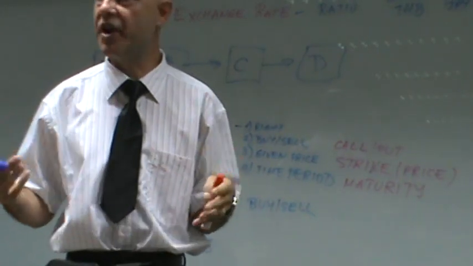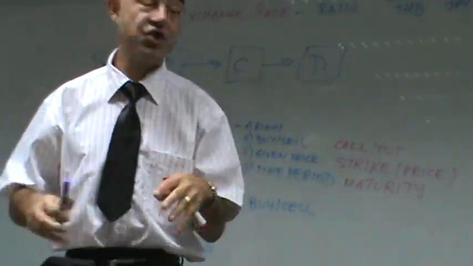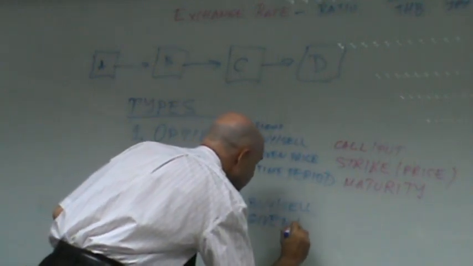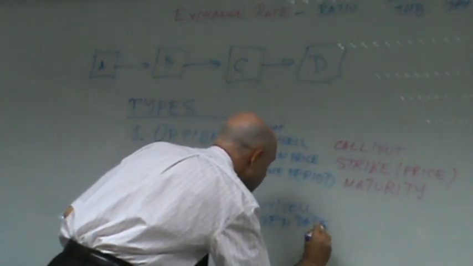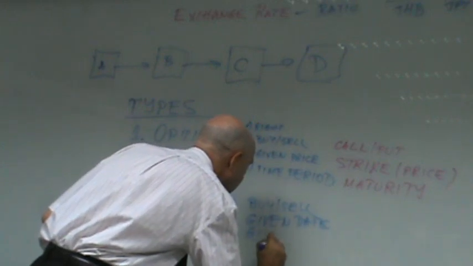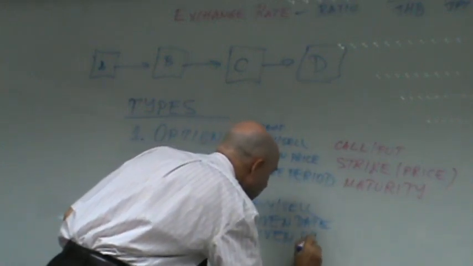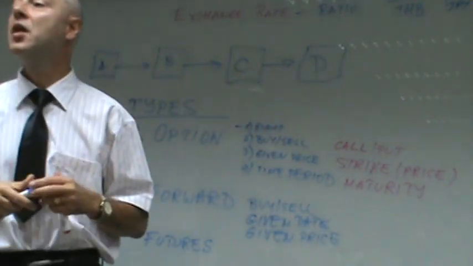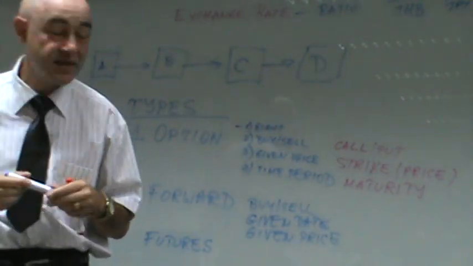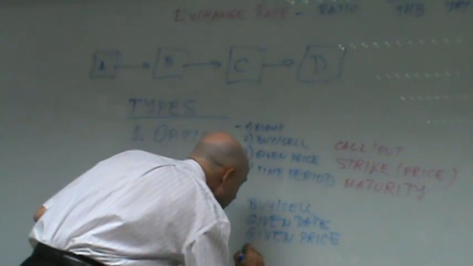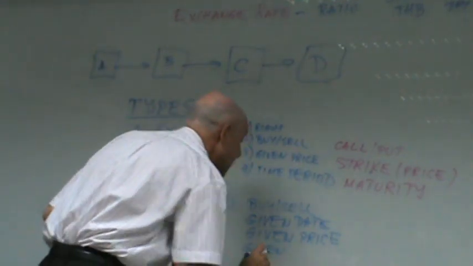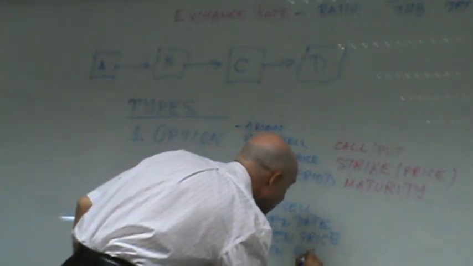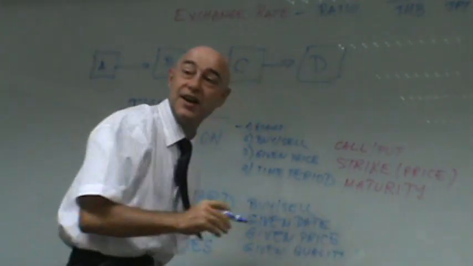Both parties agree they will exchange on a given date for a given price. And then we have one more piece if it's a commodity, given quality, like rice.